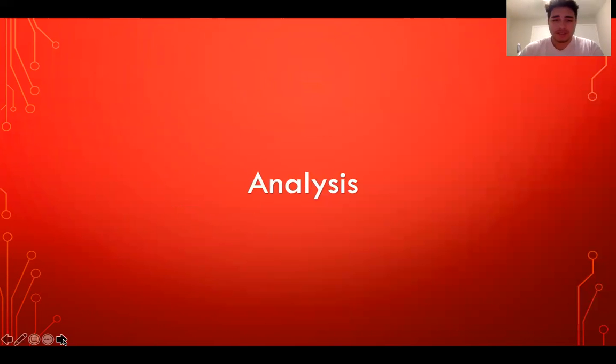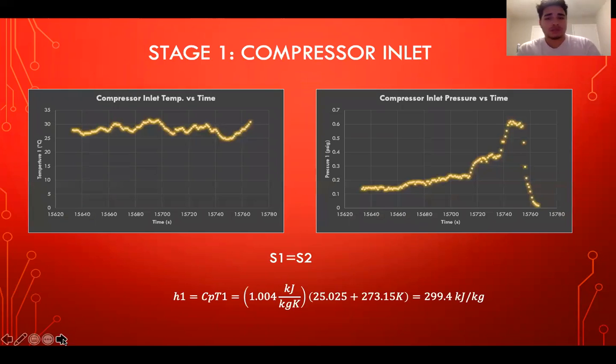Our analysis is next. Our stage 1, our compressor inlet temperature is roughly between 25 degrees Celsius and 32 degrees Celsius. Our compressor inlet pressure is slightly increasing and has a sudden decrease towards the end of our cycle, and that is because of our system shutdown.